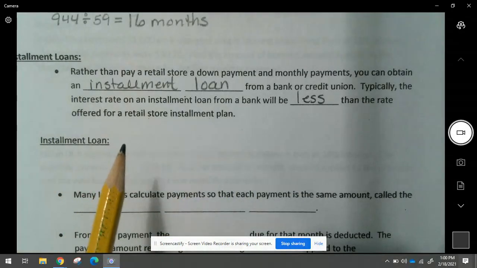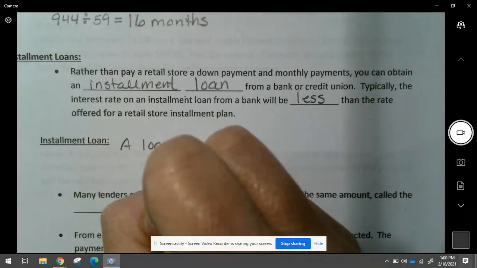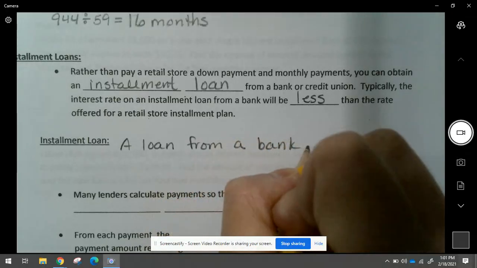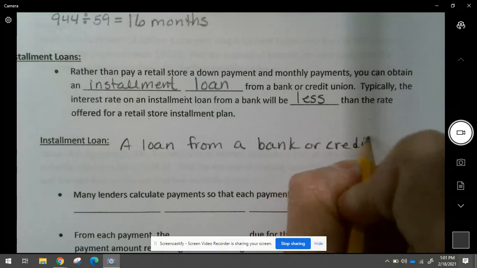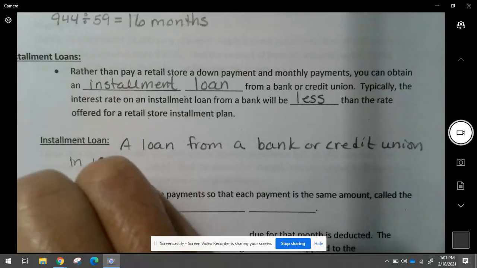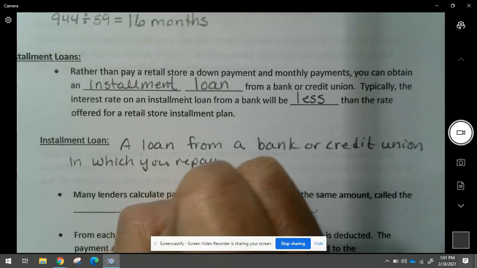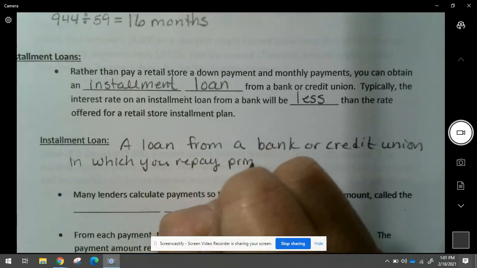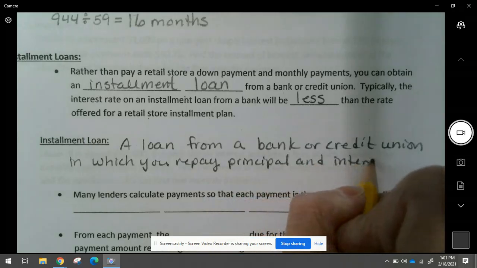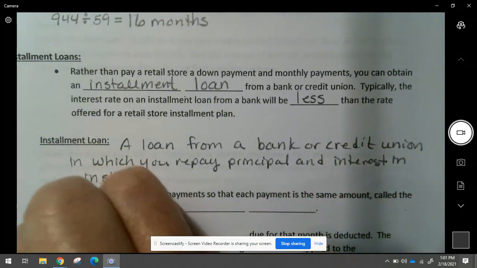All right, so let's define an installment loan. A loan from a bank or credit union in which you repay principal and interest in installments or parts, right?